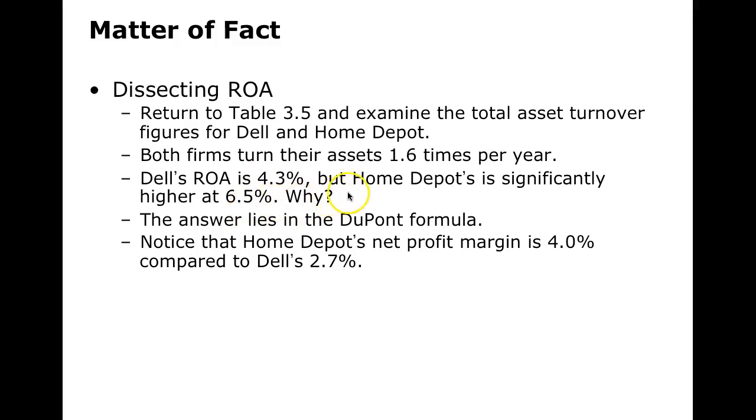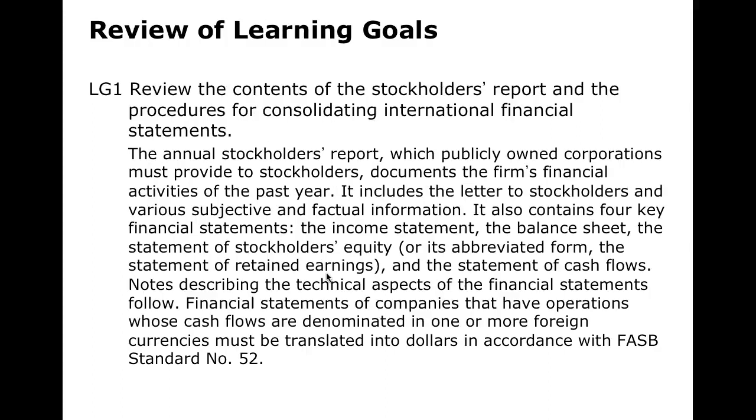Why is Home Depot's higher? The DuPont analysis will tell us. When we use the analysis, we can see that Home Depot's net profit margin is 4% compared to Dell's, which is 2.7. So that's why Home Depot's return on assets is significantly higher, because they have a better profit margin.